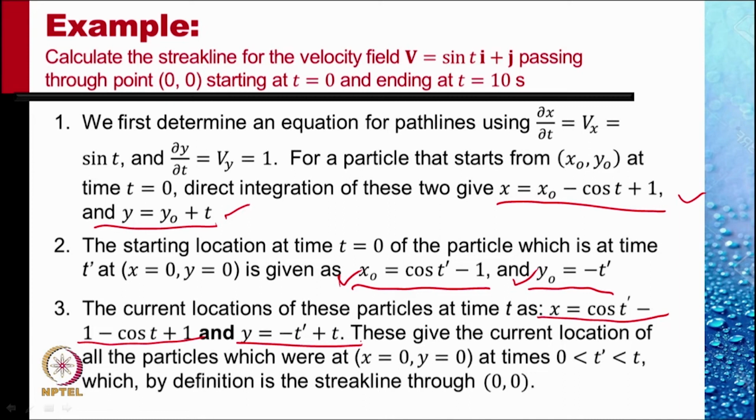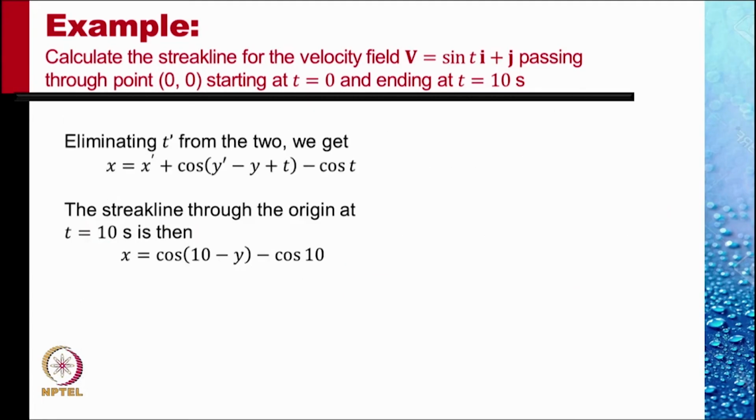These give the current location of all the particles which are at x equal to 0 and y equal to 0 at times between 0 and t, which by definition is the streak line through 0, 0. So we can find the equation of the streak line by eliminating t prime from this. If we do this, eliminating t prime from the two, we get x equal to x prime plus cosine y prime minus t plus t minus cosine t.